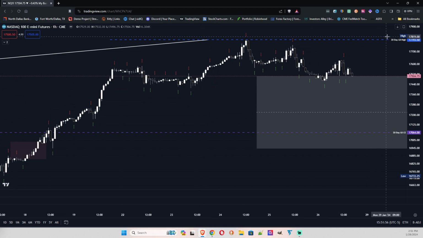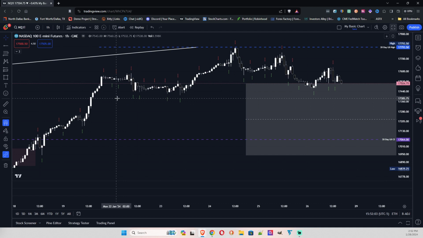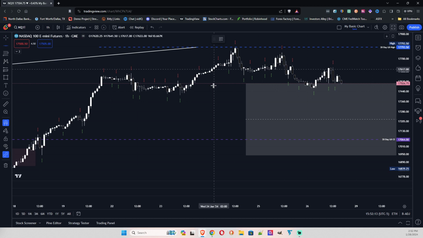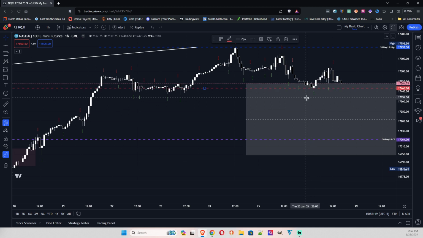Need to get out of this full screen mode so I can see my tools. I'm going to draw a horizontal line here.